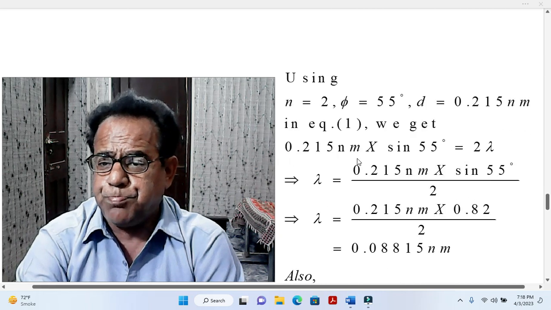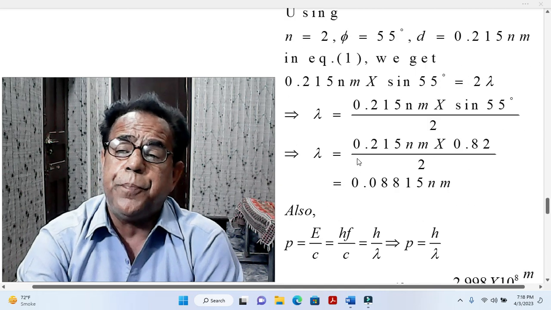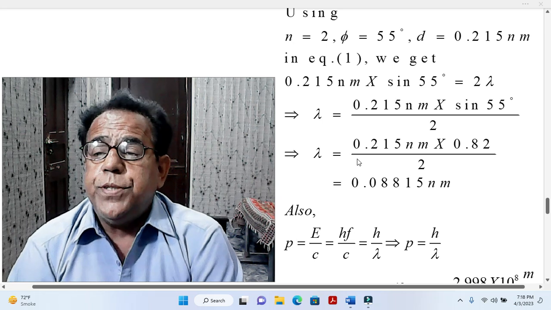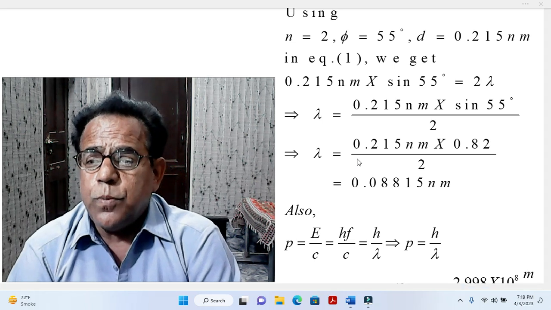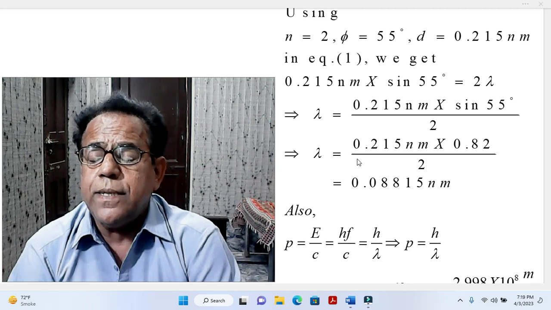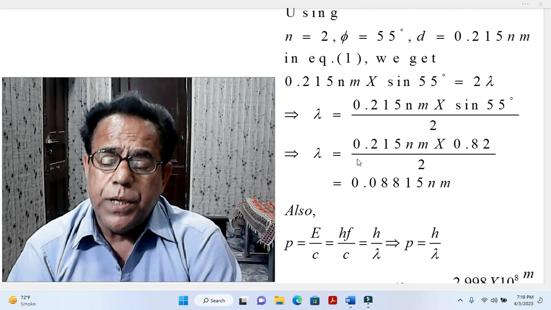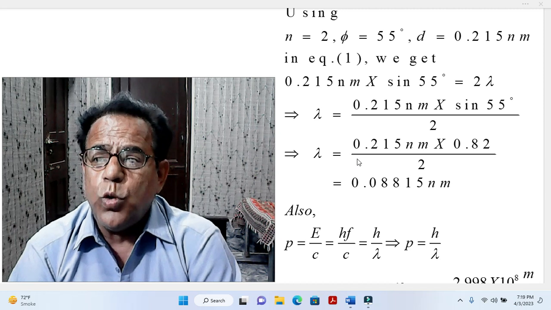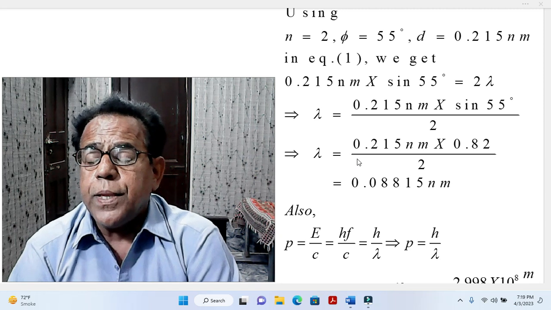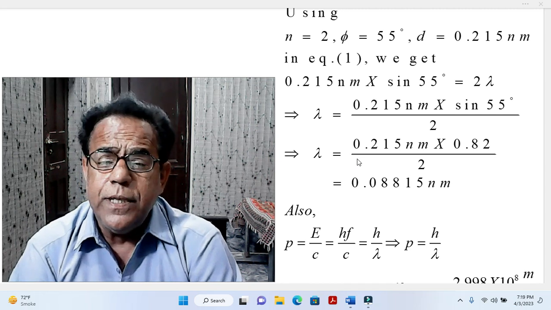So dear students, using n equal to 2, because it is described in the problem that it is a second order beam, so n is equal to 2, phi is equal to 55 degree. This is also given in the statement.